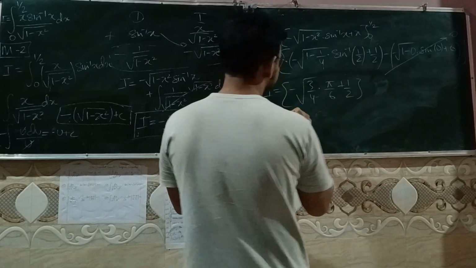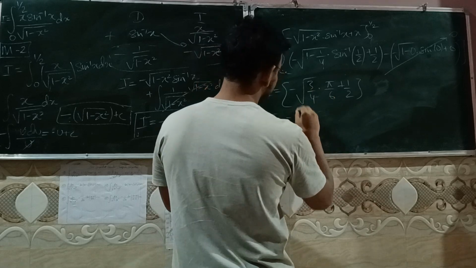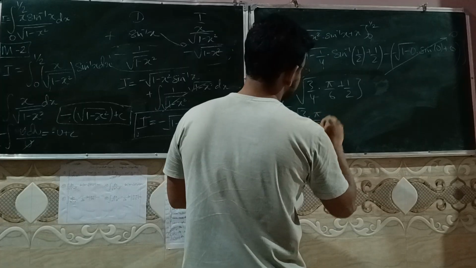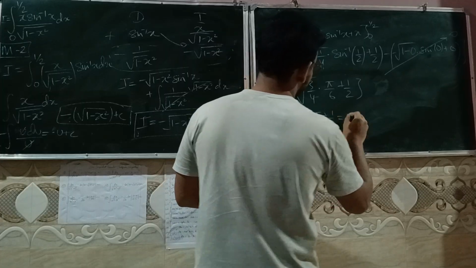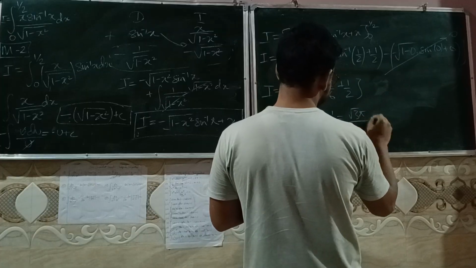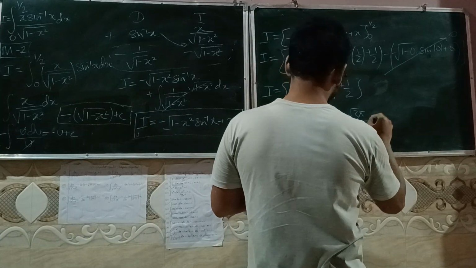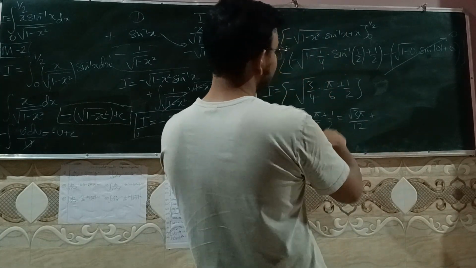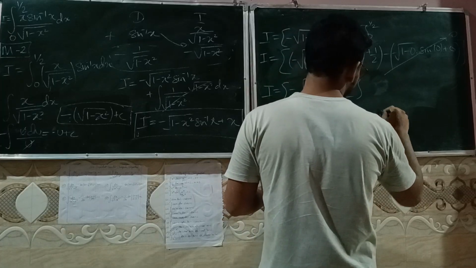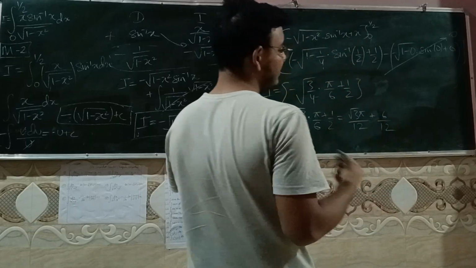So we have I as negative square root 3 over 2 times pi over 6 plus 1 over 2. So this is the square root of 3 times pi over 12 plus 1 over 2. I'm going to write it as 6 over 12 to make my life easier.